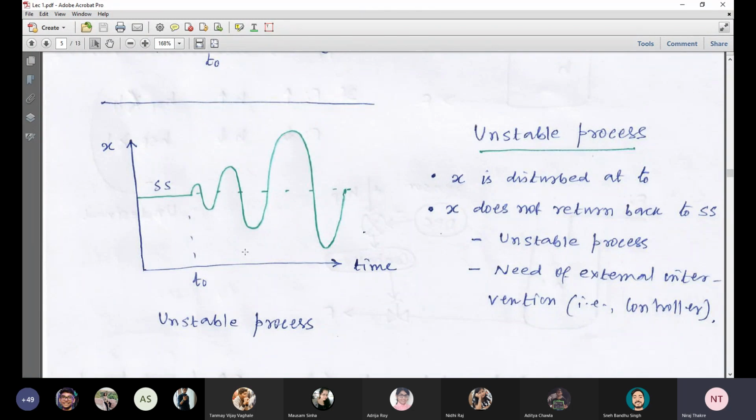As a result, there is an oscillation with increasing amplitude. So it is not coming back to the original steady state. That's why this is called unstable. This is the example of an unstable process.